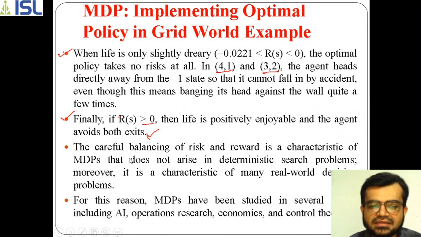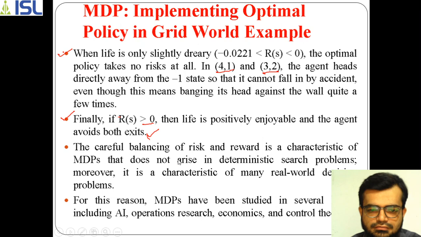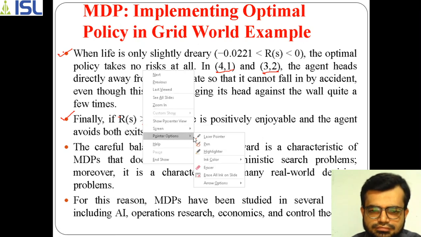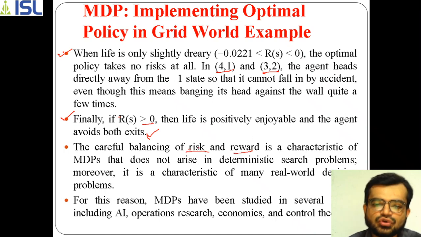What is the main important thing in the Markov decision process is the balancing of risk and reward. If there is no risk, like in the last case where there is reward only, the agent tries to avoid the path where the problem arises.